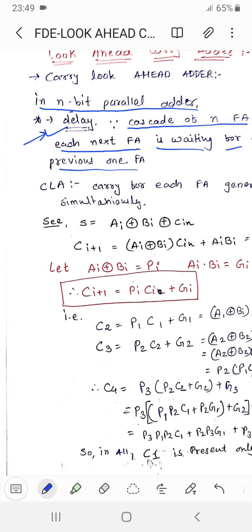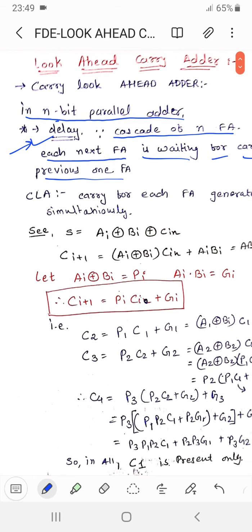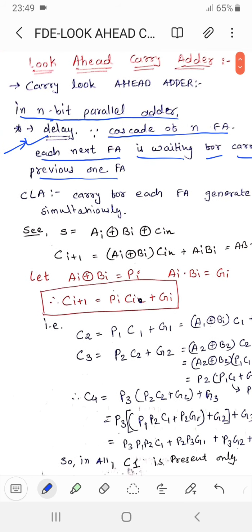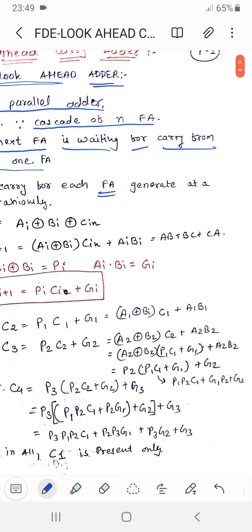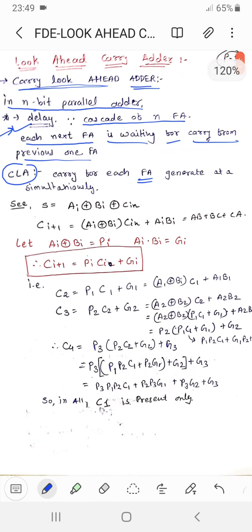To overcome this delay problem, we have the next method, that is the look ahead carry adder. In some reference books it is written as carry look ahead adder. It is nothing but an adder with the concept of carry look ahead, generally known as CLA.